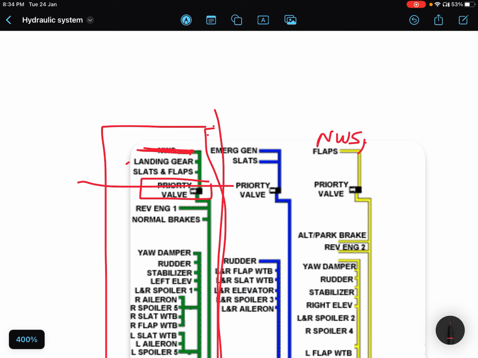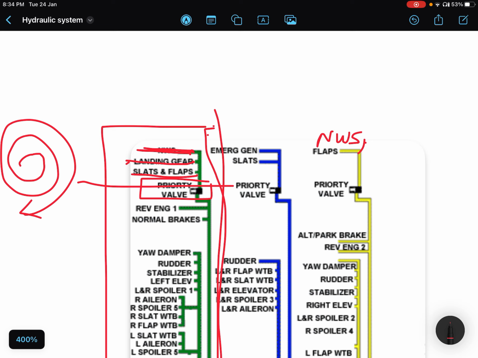So let's say if this priority valve cuts the landing gear and flaps and slats from the green hydraulic system in case of any emergency, then the landing gear can be lowered or extended by using gravity extension. Is it clear? You will rotate that gravity extension 1, 2 and 3 clockwise, and the landing gears will be down, right?